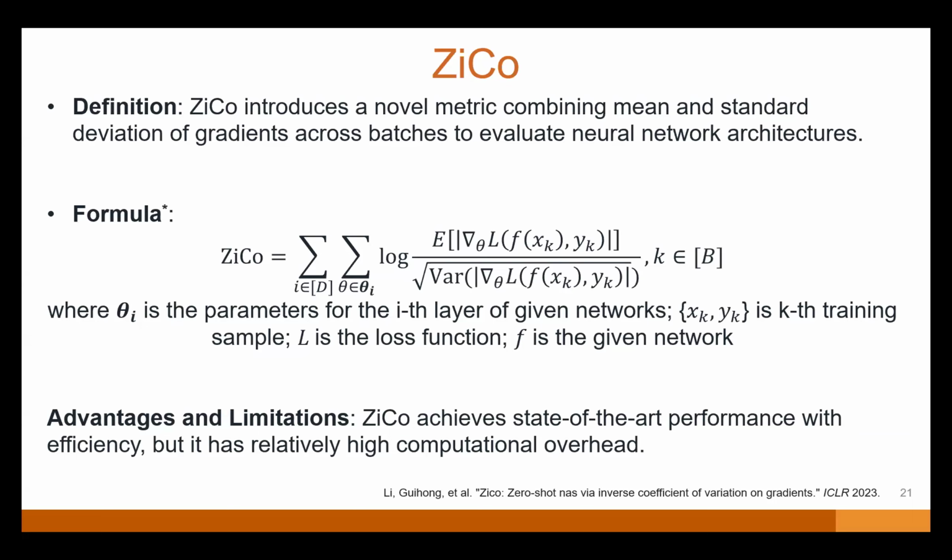The formula computed here is based on what we call the inverse coefficient of variation of these gradients, which serves as a metric to assess the potential performance of different architectures.